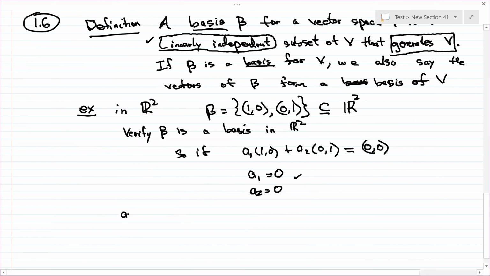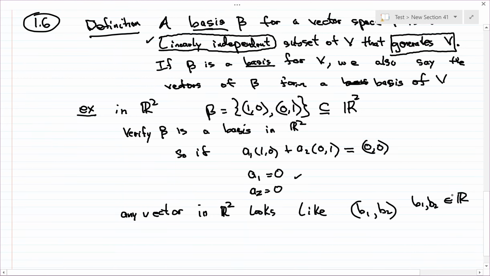Any vector in R2 looks like, let's write it as (x, y). Well, maybe not, because x and y we usually use for vectors. So let's write it as, how about (b1, b2)? Where b1 and b2 are numbers on the real line.